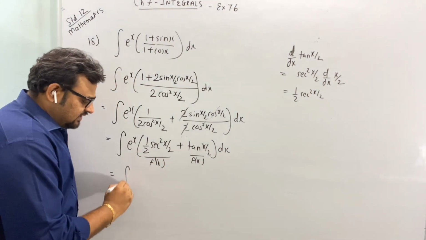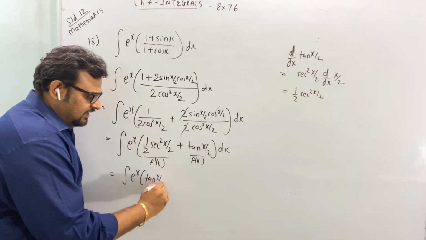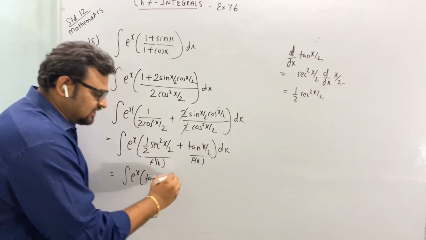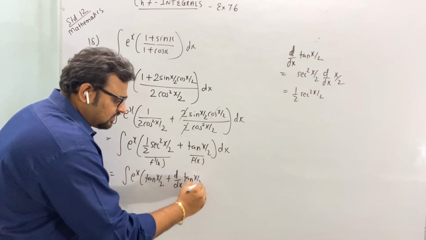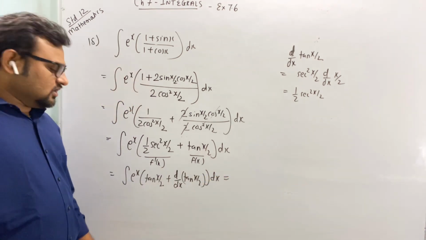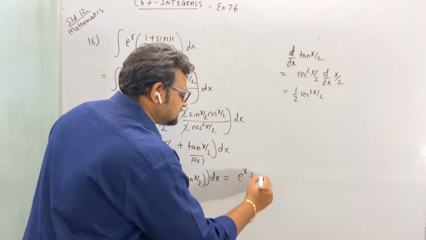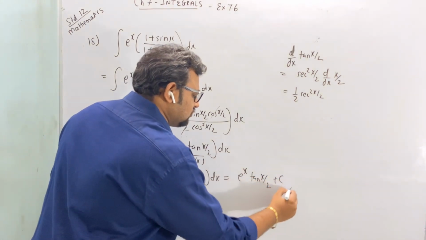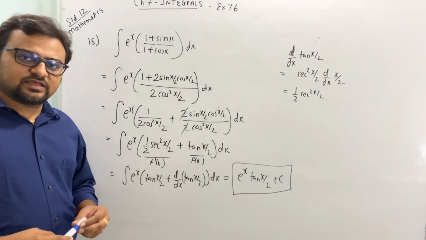So this will be integration of e raised to x [tan x by 2 plus d by dx of tan x by 2] dx. So this will be equal to e raised to x f(x), that is tan x by 2, plus c.